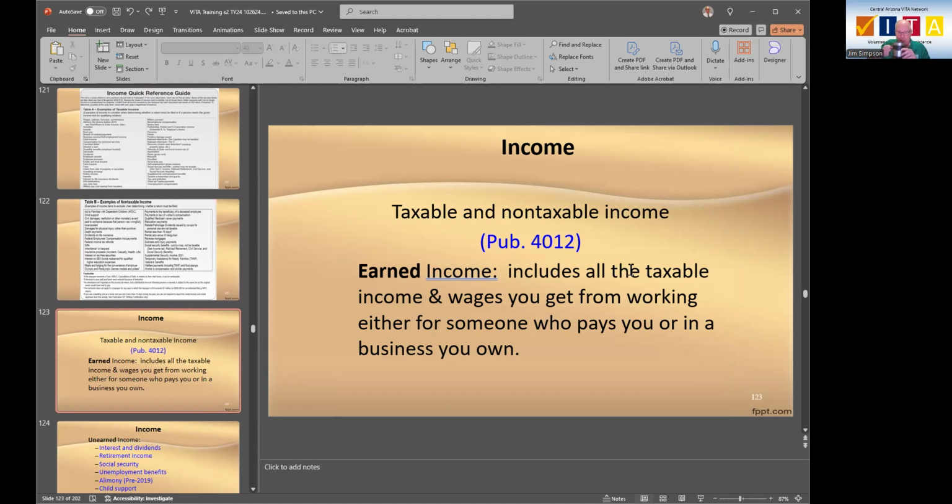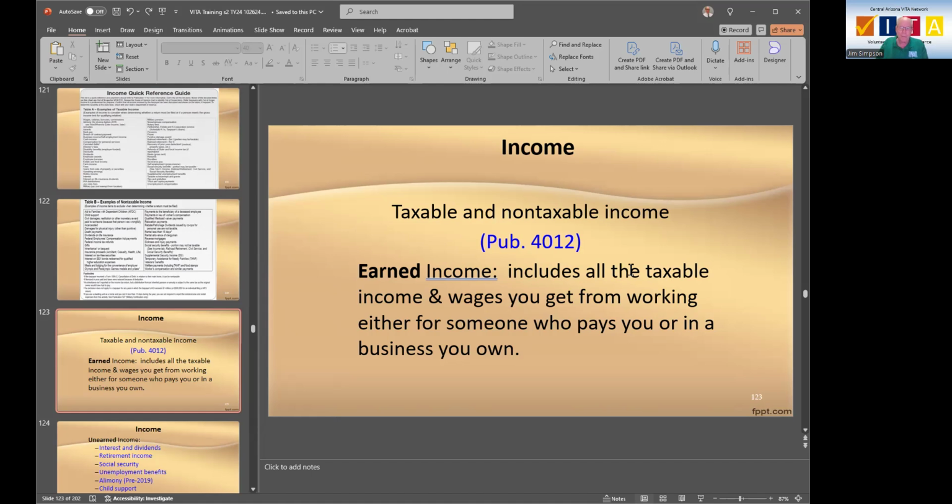Now we're going to talk about earned income. And there are different buckets of income. There's earned income, there's portfolio income like dividends and interest and things like that. There's income from the sale of stocks and bonds, that type. But it is important to understand what is earned income because especially for the clients we serve, they might be entitled to an earned income tax credit.